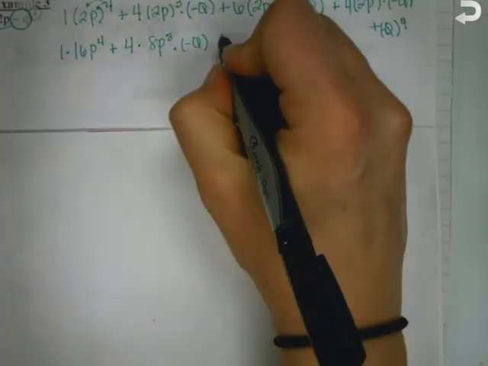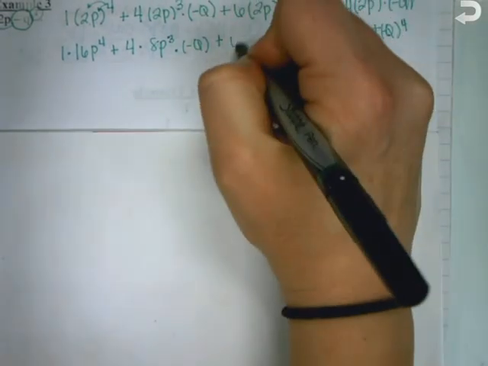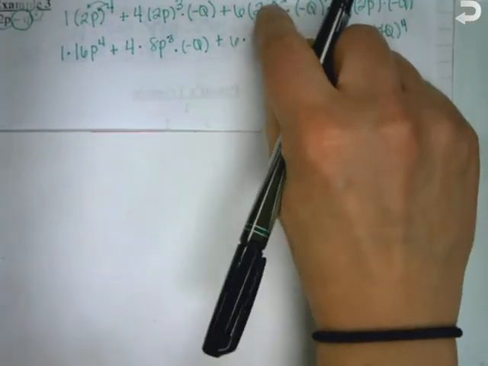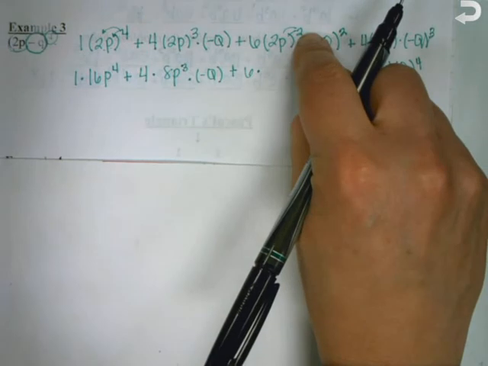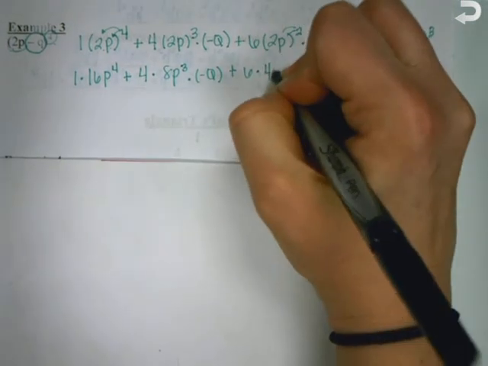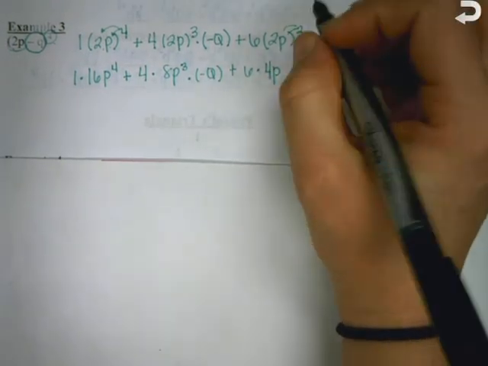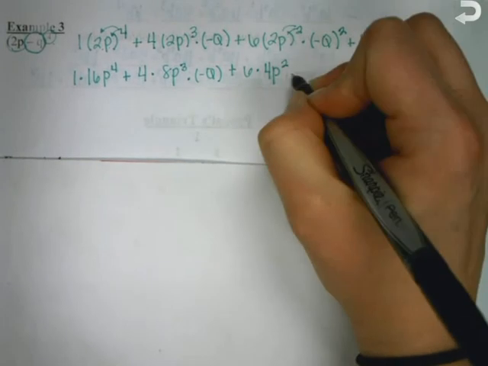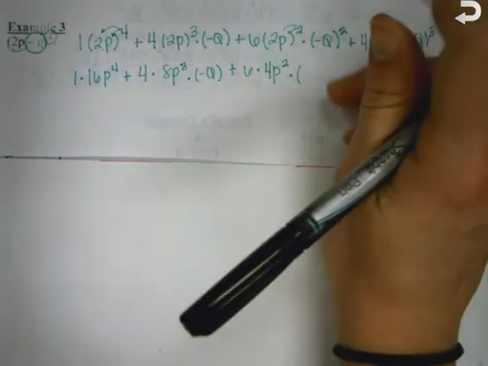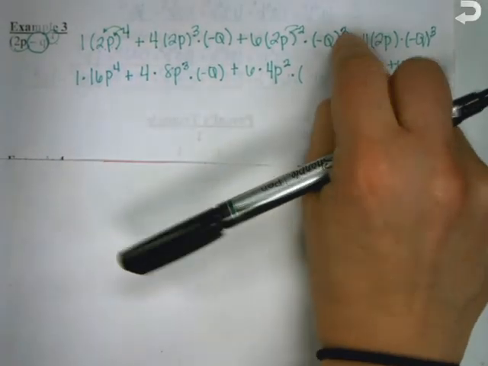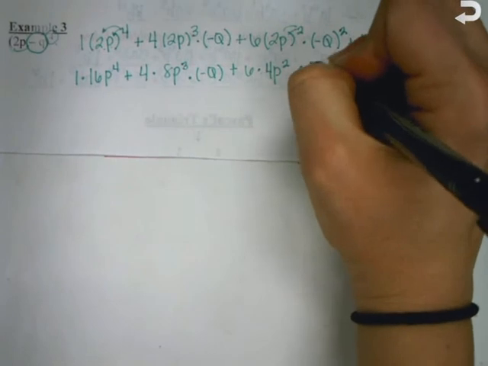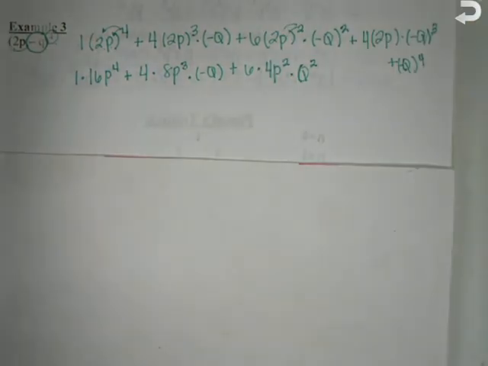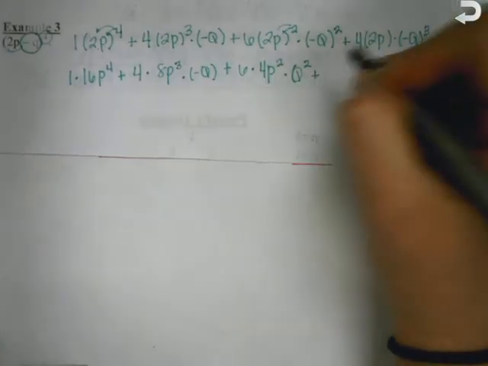Positive q squared, right? Negative q times negative q? Because we have a negative q to the 1st times negative q to the 1st. A negative times a negative gives me positive, so that q becomes positive, but 1 plus 1 gives me 2.